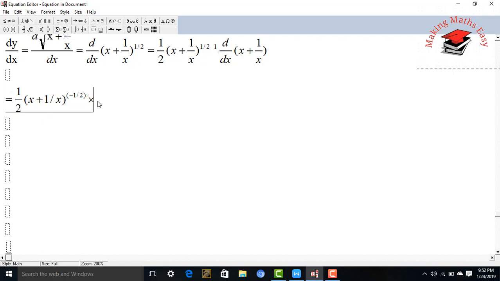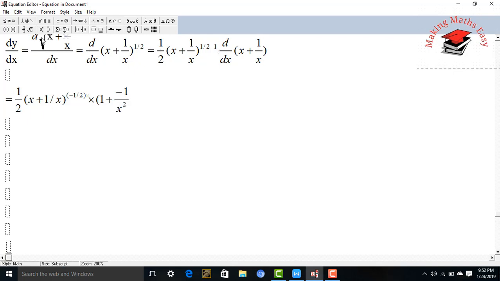The derivative of x is equal to 1, so I will write 1, and the derivative of 1 by x, I told you in the previous video, is equal to minus 1 upon x square. So I will write it as plus minus 1 upon x square.